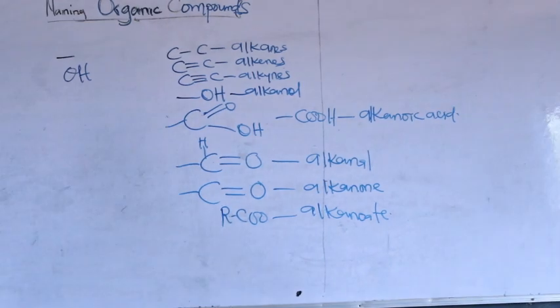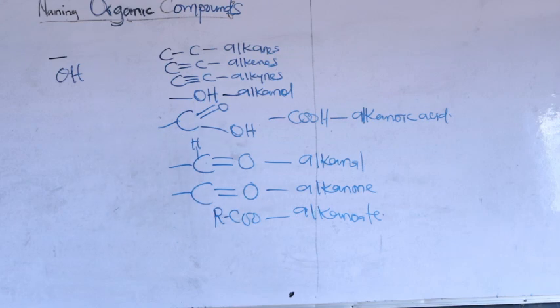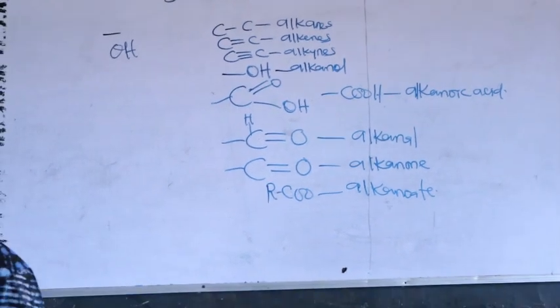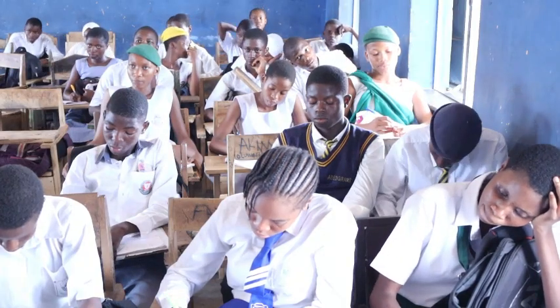Now, if you have identified the functional group present in the organic compound, from there you should be able to know maybe the compound you want to name is alkane, it is alkene, it is alkyne, alkanol, alkanal, alkanone, alkanoic acid, or alkyl halide. Then how do we now name the compound?